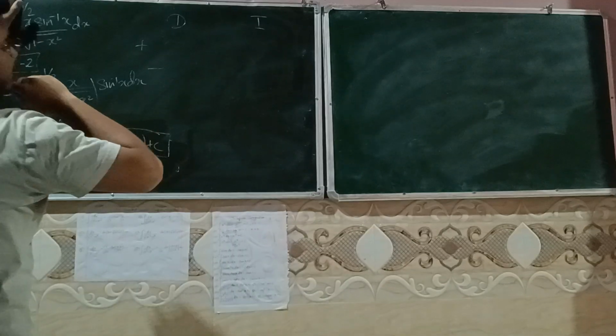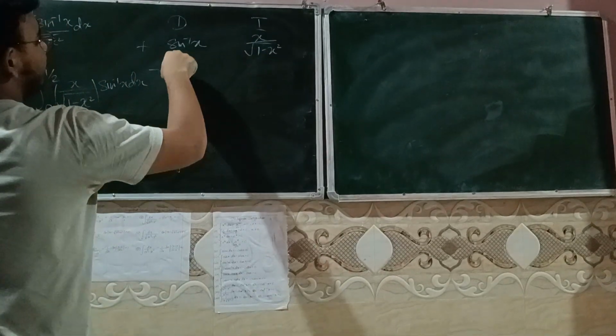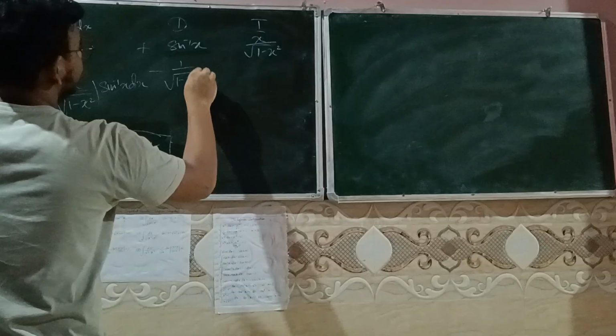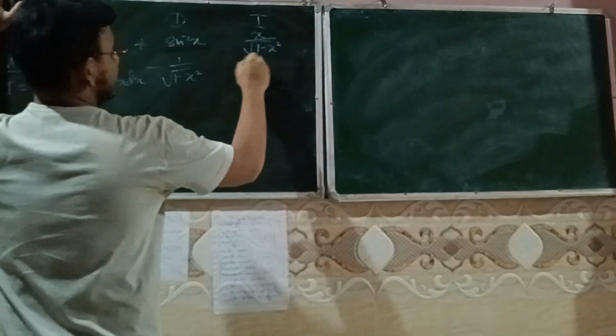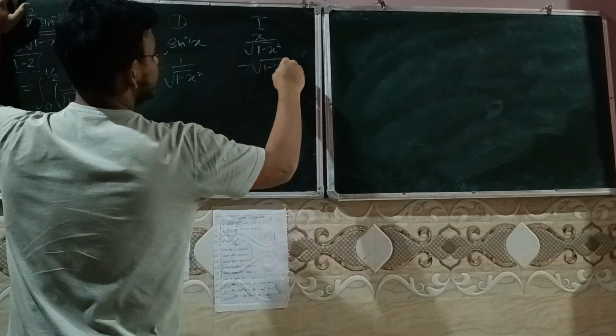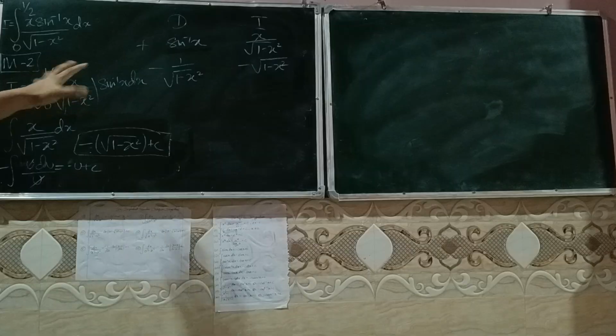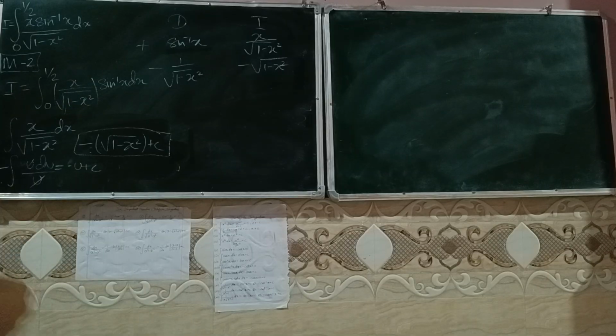So we have computed the integral of this function, and we are going to use the by parts method, plus minus, right? So differentiating sine inverse of x and integrating x over square root of 1 minus x squared. The derivative of sine inverse of x is nothing but 1 over square root of 1 minus x squared, and the integral we have found is negative the square root of 1 minus x squared. And now I can surely say that this method is going to make our life easier.